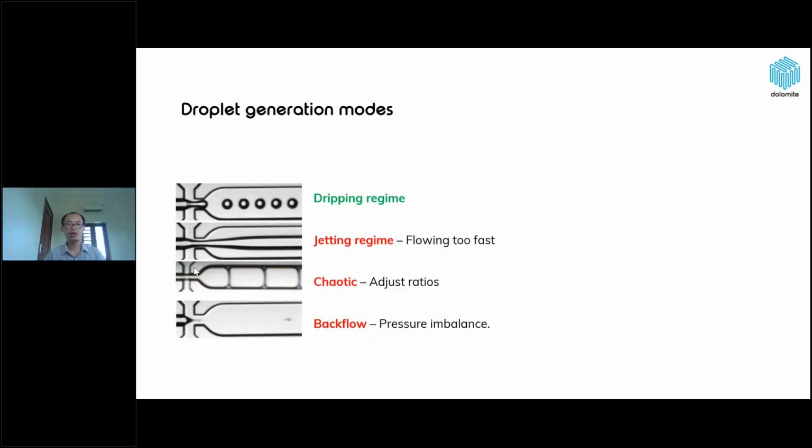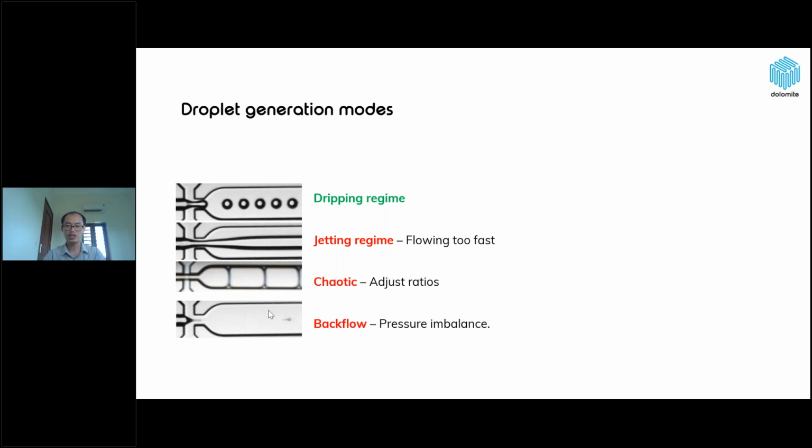Based on different flow rate ratio conditions, we have different droplet generation modes. We have the dripping region, in which we can form very stable droplets. Or we can make a jetting region when we flow too fast in both the continuous phase and droplet phase.